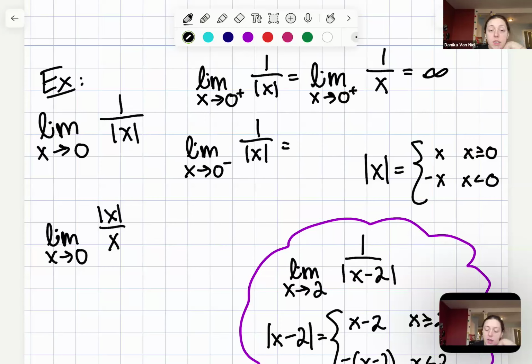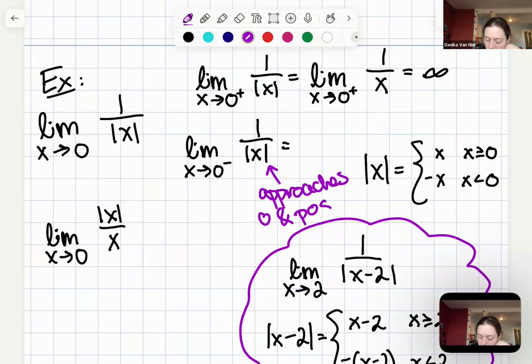that's the other thing you could do. You could use my trick that I use. So it approaches 0 and positive, right? Or you could say limit as x approaches 0 of 1 over negative x, right?